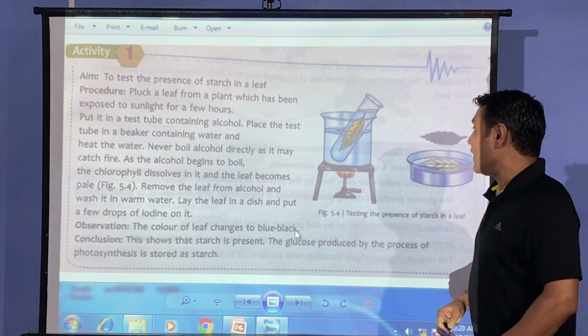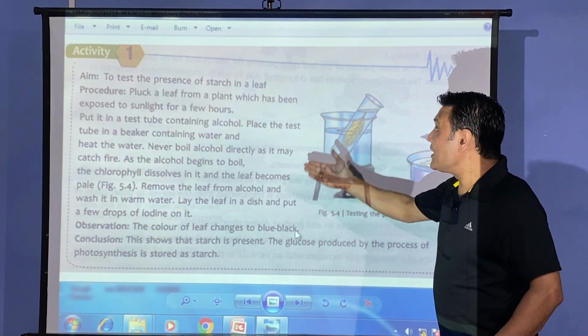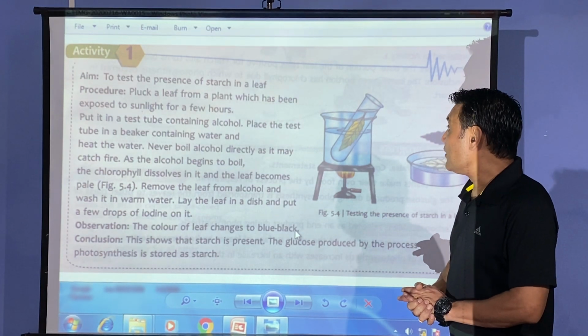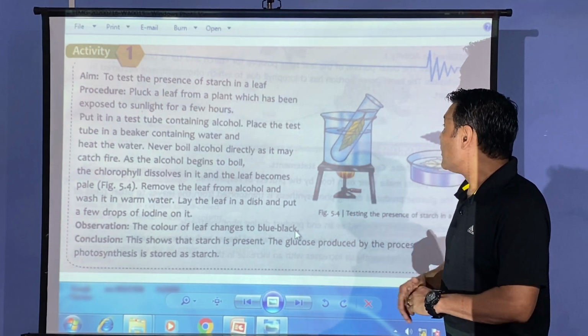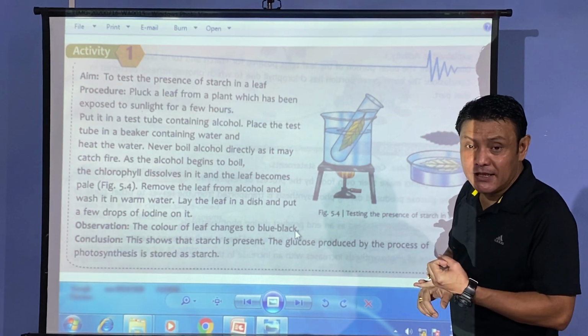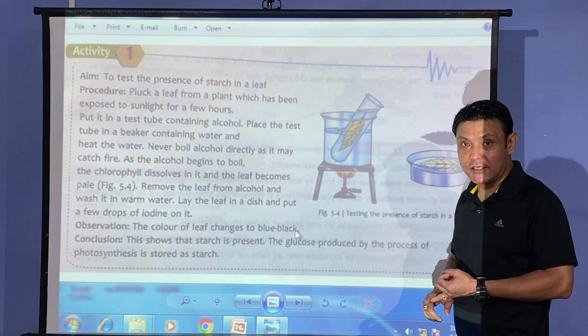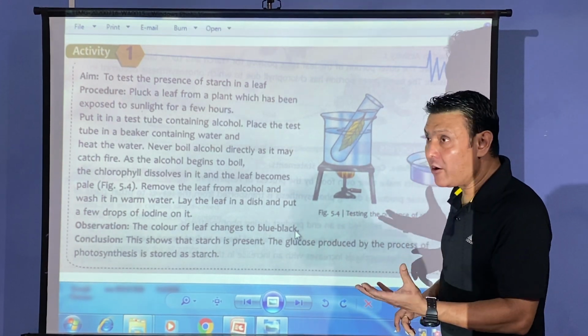Once more. What is the activity here now? It is an activity to test whether there is starch in the leaf or not. How do we go about it?